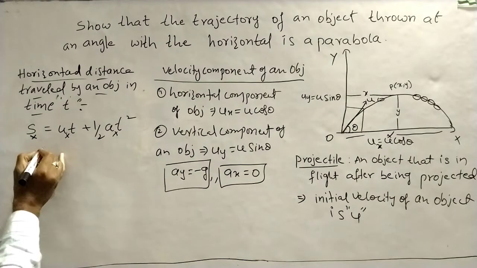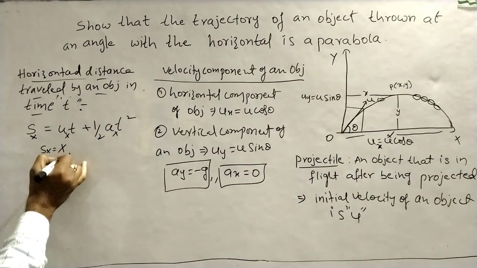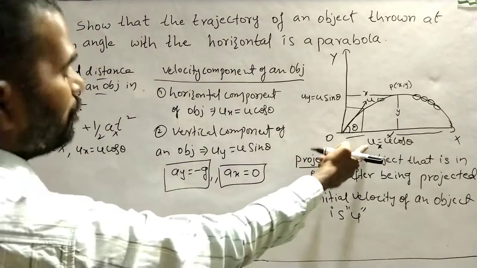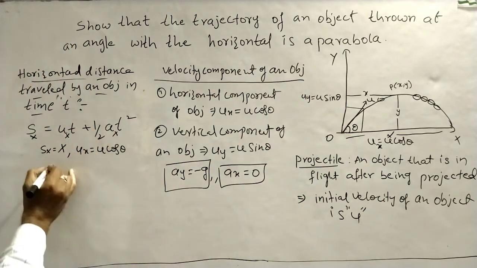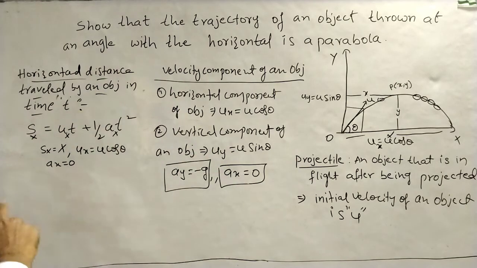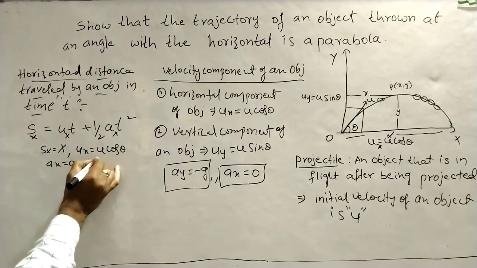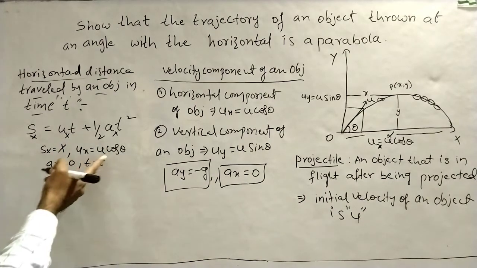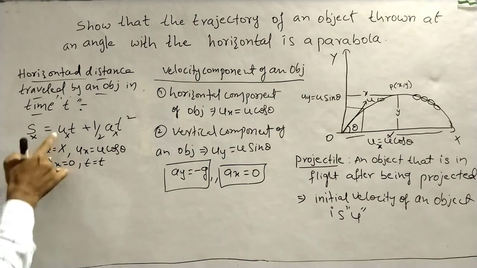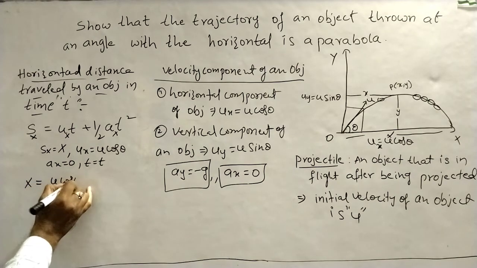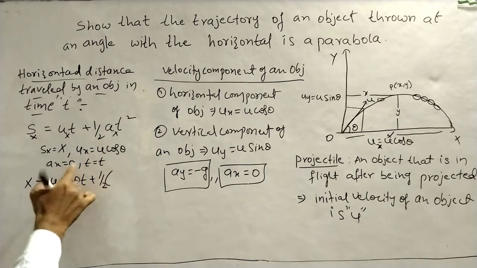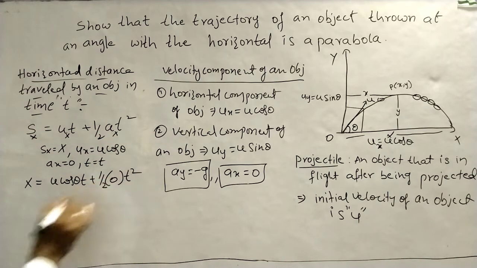Sx, the distance along the x-axis, we take as x. Ux is u cos theta. Ax, the acceleration, is equal to 0. Time is the same, t equal to t. Substituting all these values: sx is equal to x, ux means u cos theta times t, plus 1 by 2, ax means 0, into t square.